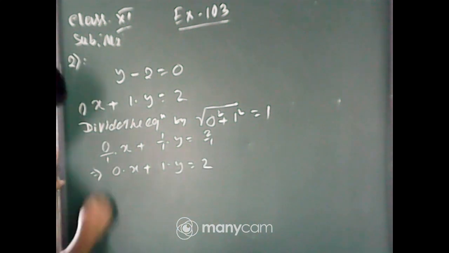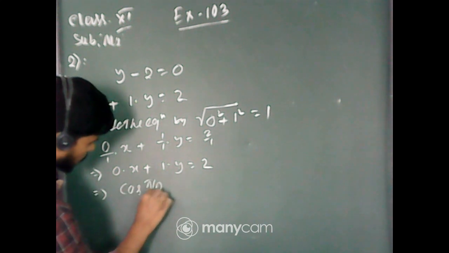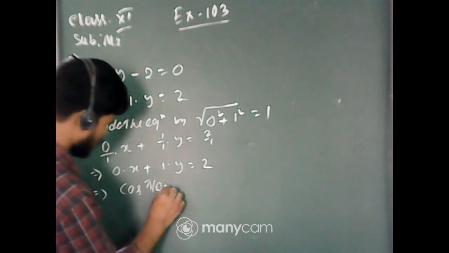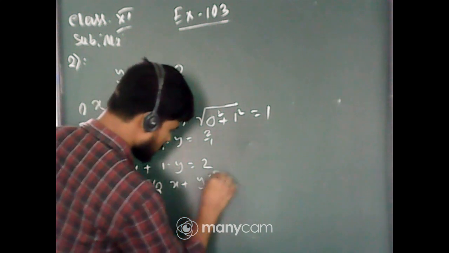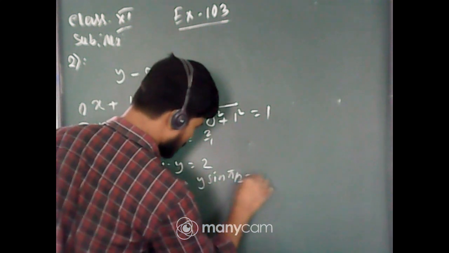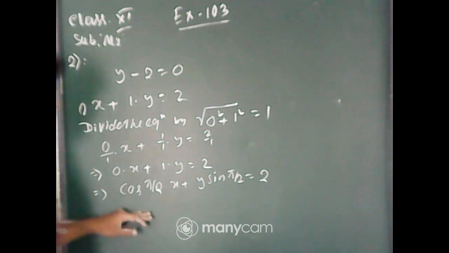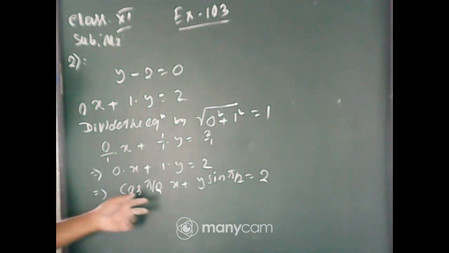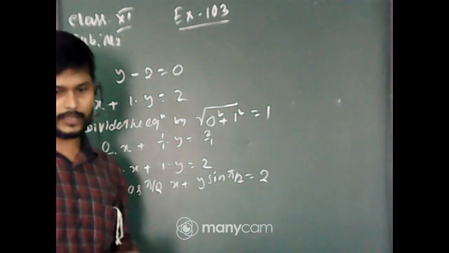Now 0 means cos pi by 2, cos 90. So 0 into x plus y sin pi by 2 is equal to 2. That means the perpendicular distance of the line from the origin is 2 unit, and this normal makes an angle 90 degree with the positive direction of x axis.